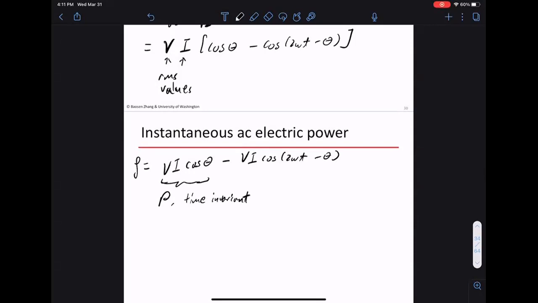This is a constant, a time invariant part of it. This other part is time dependent, or time variant.